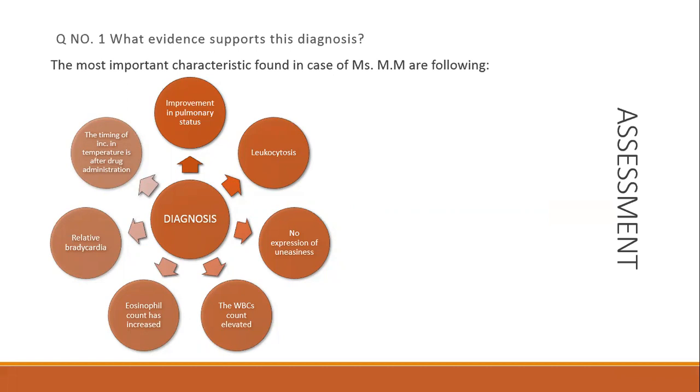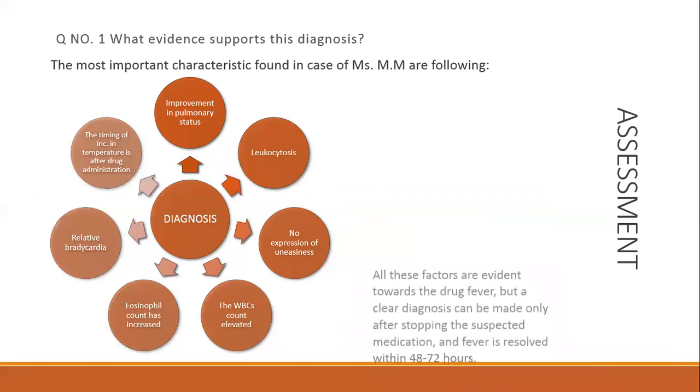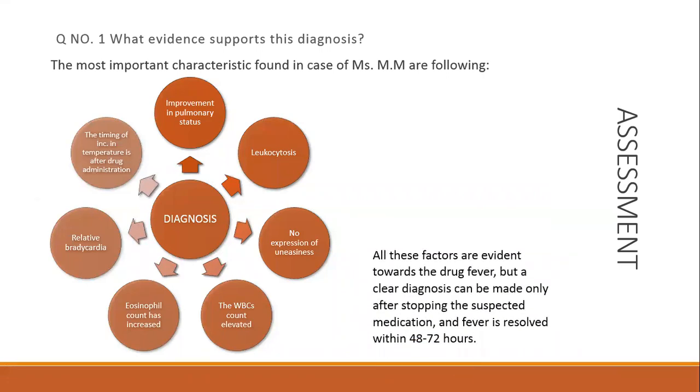Despite her high-grade fever, she has relative bradycardia. The timing of increase in temperature is within the days of starting new medication. All these factors are evident towards the drug fever, but a clear diagnosis can be made only after stopping the suspected medication and fever is resolved within 48 to 72 hours.